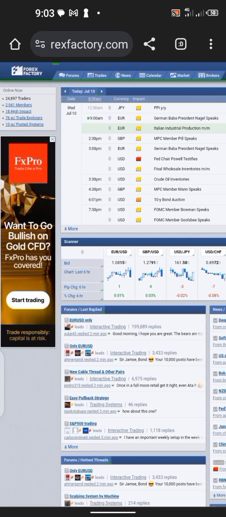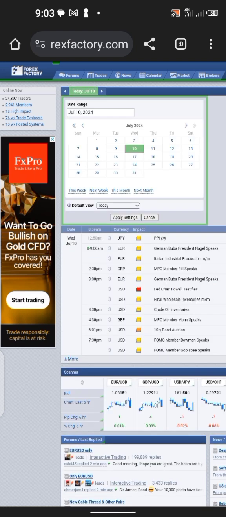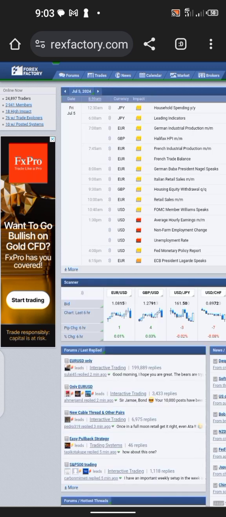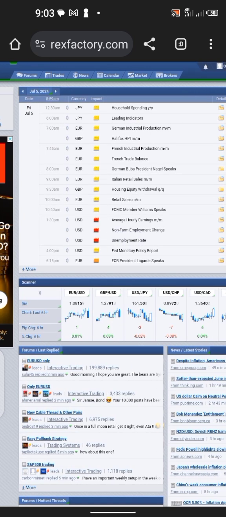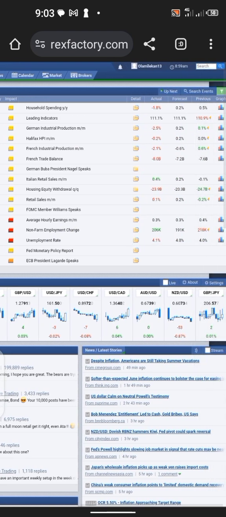Then let's go to the NFP, the last NFP, some volatile news. The NFP is on the first Friday, that is the 5th. Let's apply settings. Yes, this is the NFP news on July 5. There's the NFP news. This is the forecast, this is the previous.